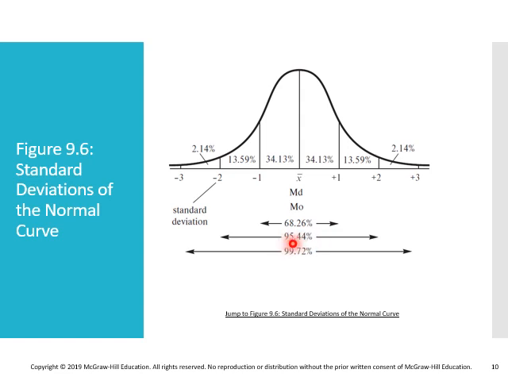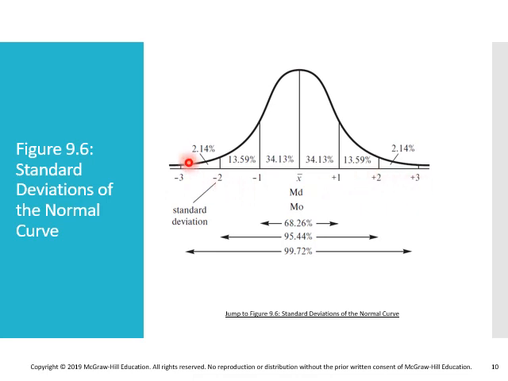So 95.44% of the cases are within this part of the slope of the curve as well as this part of the slope. Almost everyone is captured.